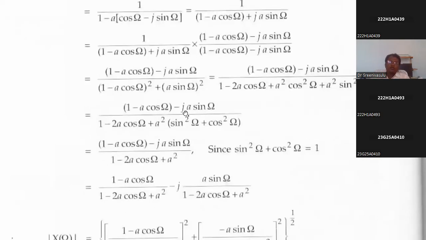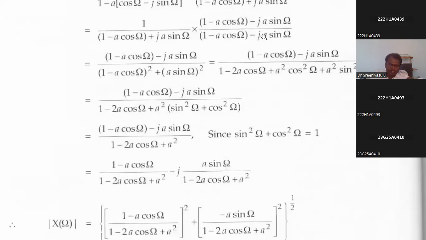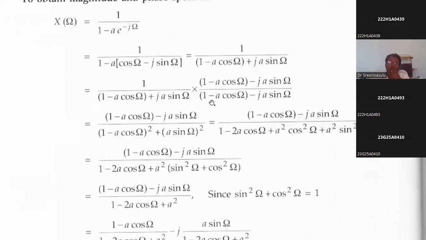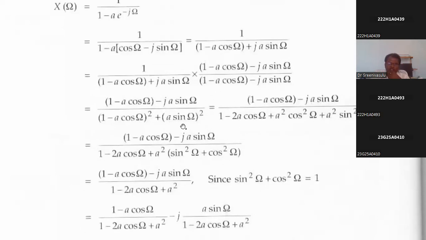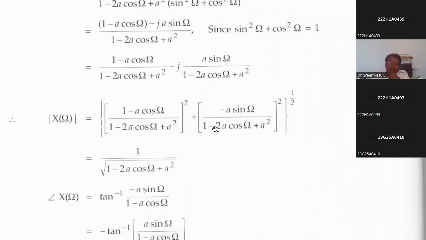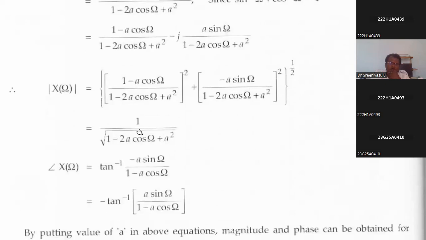Okay. Now, if you do it like this, finally, whatever lengthy analysis was done, you expand this one, 1 minus a cos omega. After this, you will get a similar form: (1 minus a cos omega) whole square plus a square sin square omega. Then if you expand this, finally you will get 1 divided by root of 1 minus 2a cos omega plus a square.